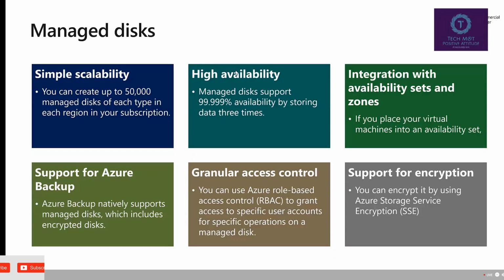So scalability: I can have 50,000 disks of each type, and I have standard disks, premium disks, ultra disks, and even in standard I have standard HDDs and standard SSDs. So there are 4 different types. So I can have literally 200,000 disks per region. So if you're using 5-6 regions, imagine the number of disks that you can have. It is astonishing, the scalability that we can have with this.